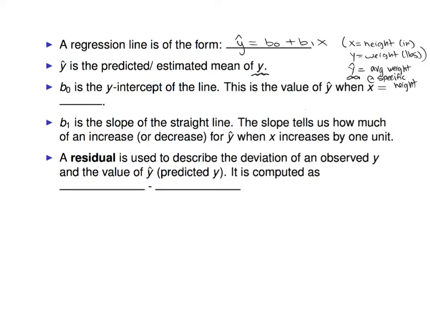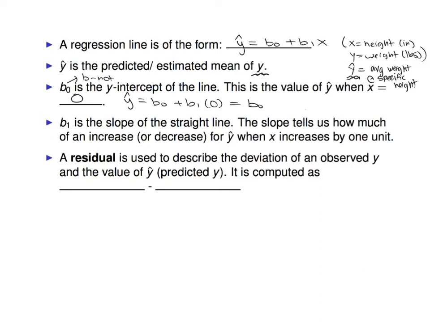Remember that b0, which is read b naught, is the y-intercept of the line. This is the value of y hat when x equals 0. You can verify that. Plug in 0 for x. Y hat is b naught plus b1 times 0, which is the same thing as b0. b1 is the slope of the straight line.